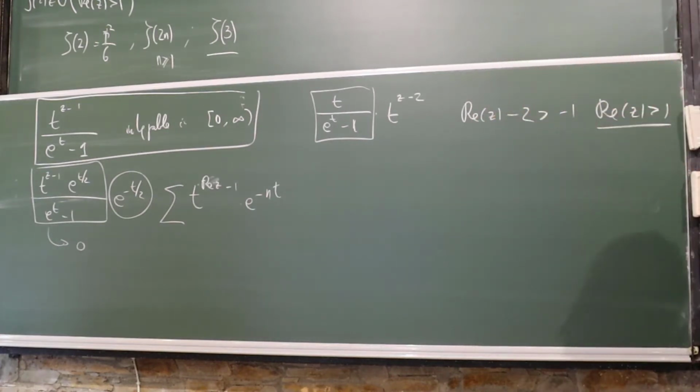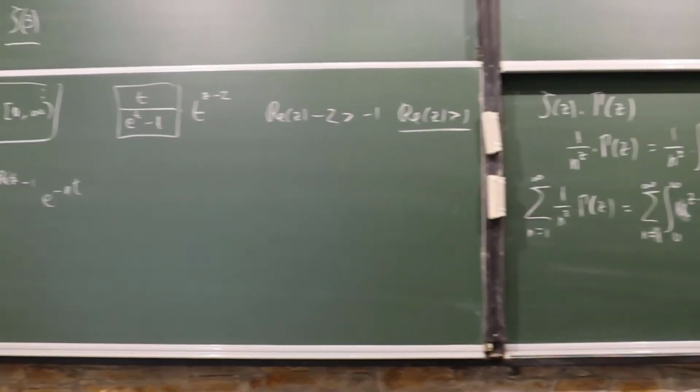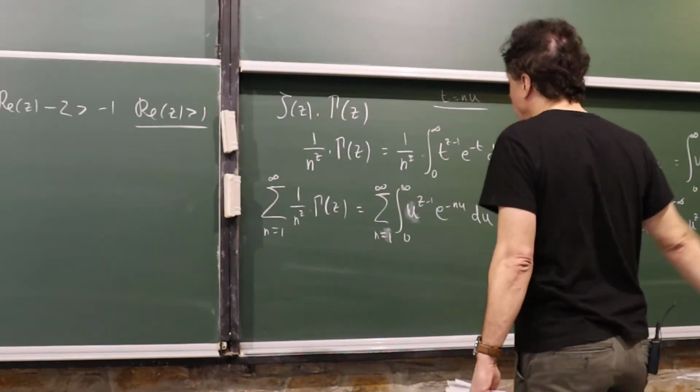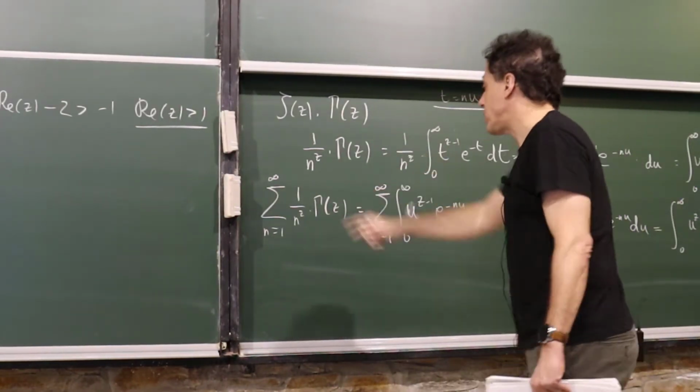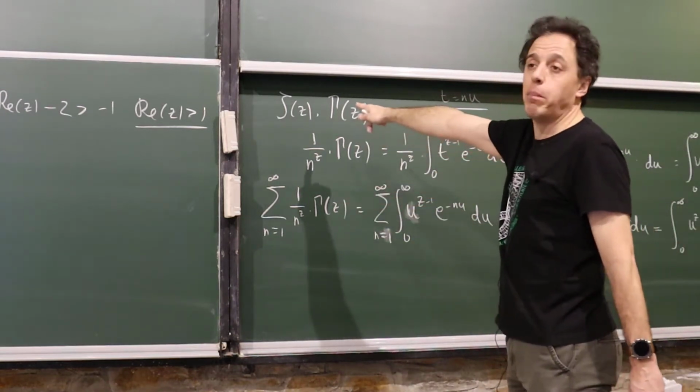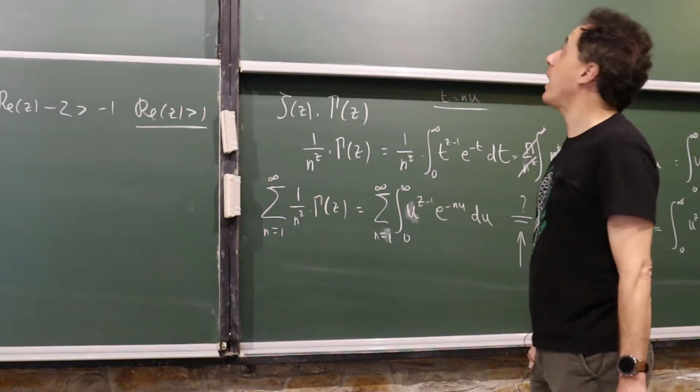Using the dominated convergence theorem, we know that the integral of the limit is the limit of the integrals here. So using that result, we have shown that this sum converges to this sum. And this sum here is precisely the product of zeta and gamma.